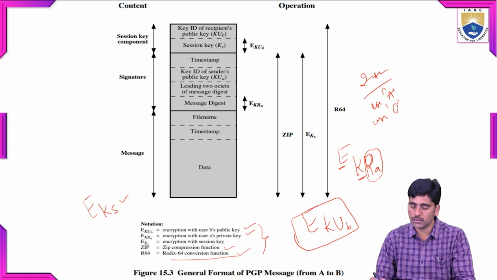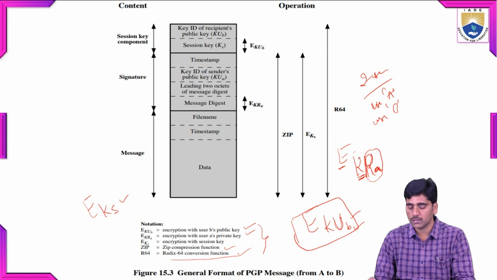So EKUB is the encryption with user B's public key. The B indicates user B, U indicates user, K indicates key, and E indicates encryption. So this is the ID of encryption with user B's public key. Similarly, user A has the private key, where R indicates private, K indicates key, and E indicates encryption.